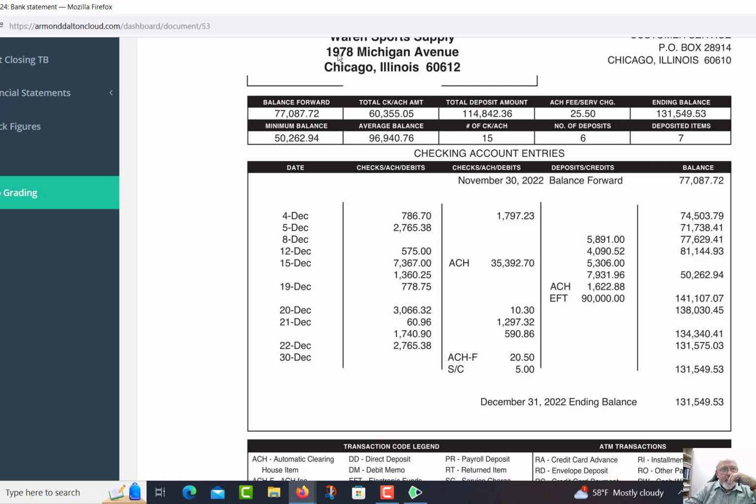So when we do that, using a periodic method, we take the beginning inventory, whatever that is, and we're going to add purchases. We're going to deduct purchase returns and allowances and purchase discounts.